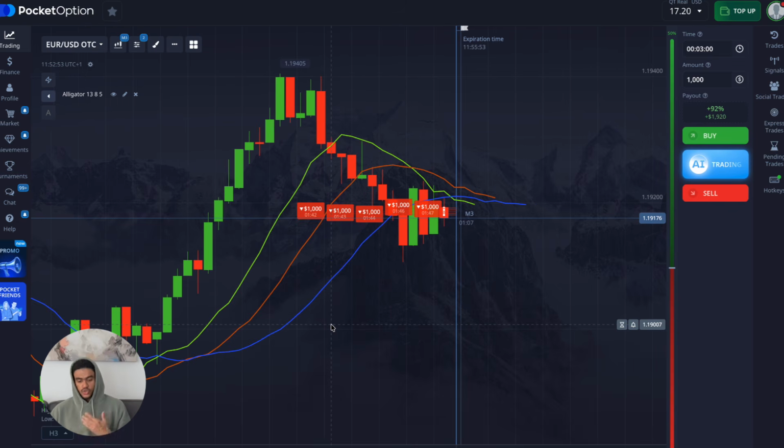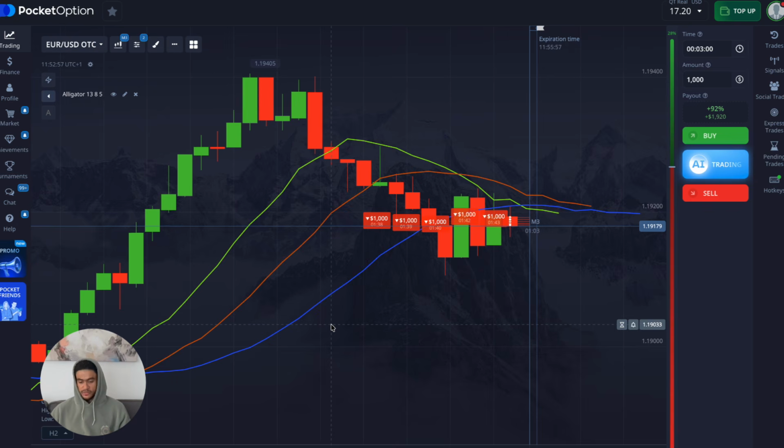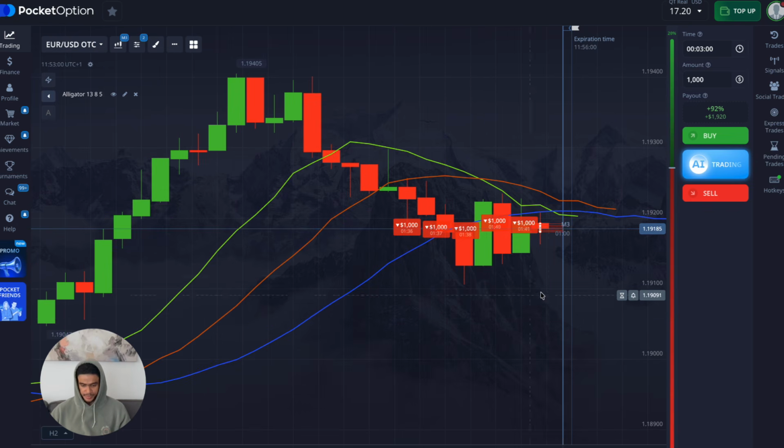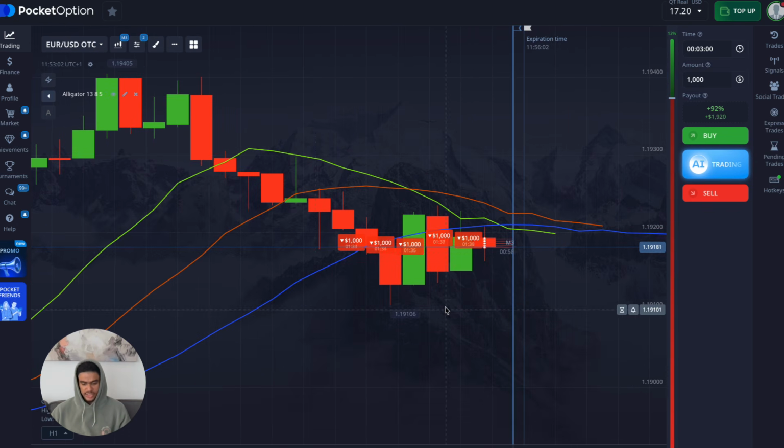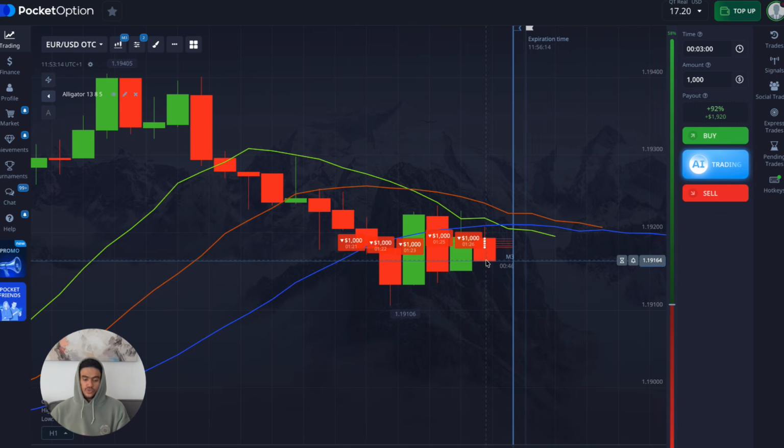You can also use this Alligator indicator as your support and resistance lines. So you can see that the price continuously, after it crossed, pulls back into the jaws here of the Alligator and then reverses back down. So this can serve you as a resistance line in this case.